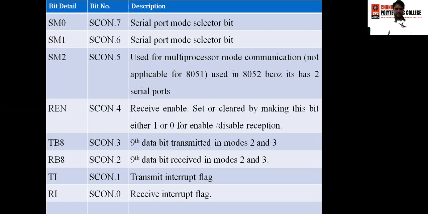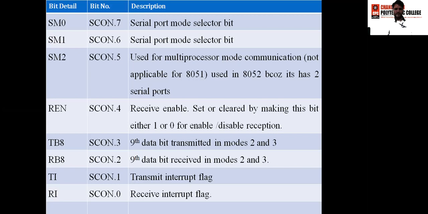SM0 is SCON's 7th bit and SM1 is SCON's 6th bit, and these are used to select the mode for the serial port operation. SM2 is not used for 8051. We can use SM2 in 8052 because it has two timers and a serial port.